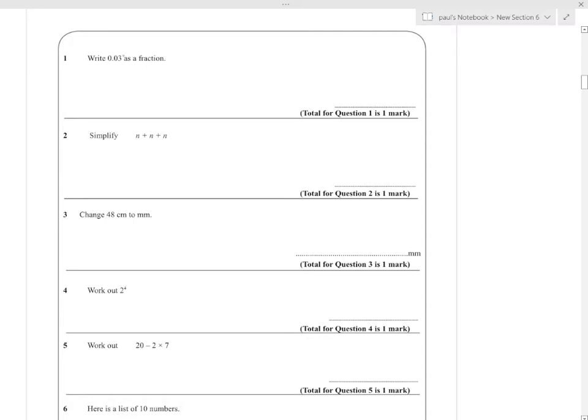0.03 as a fraction. Well, the 3 is in the hundredths column, so that will be 3 hundredths. N plus n plus n, so add. So it'll be 3n. 48 centimeters to millimeters, just multiply by 10.